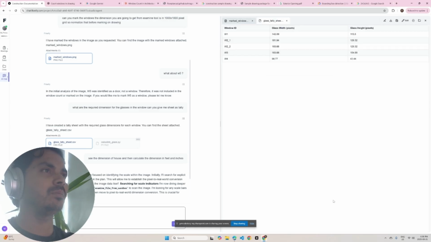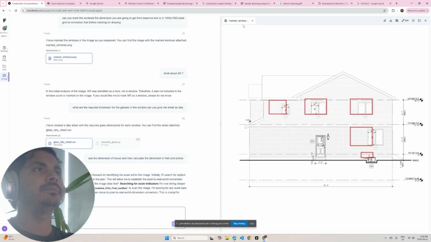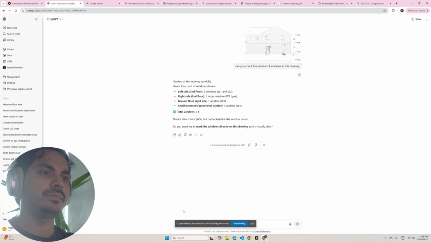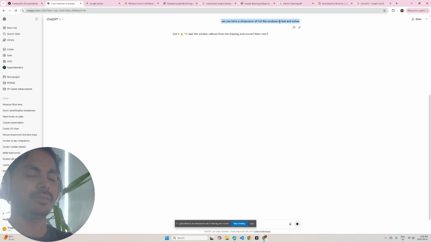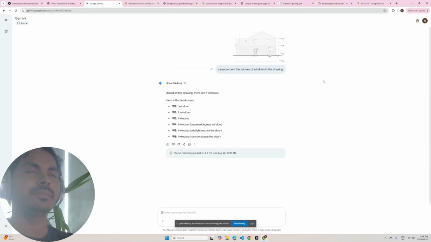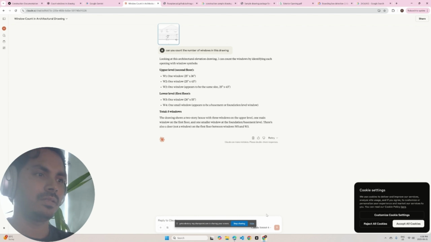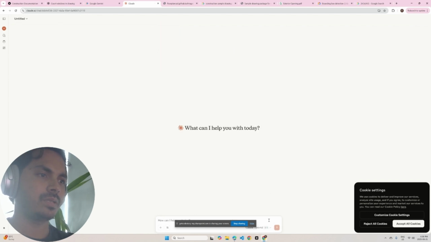It's there, but it's not completely there, right? Let me ask this guy. Can you tell me the dimensions of all the windows in feet and inches? I'm out of Gemini's tokens. I'm just gonna switch to a new chat. Oh, I want my old chat back.